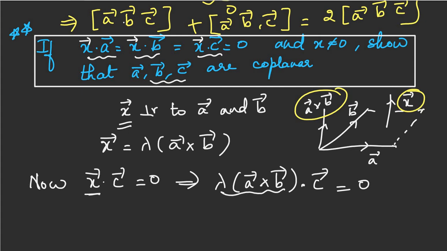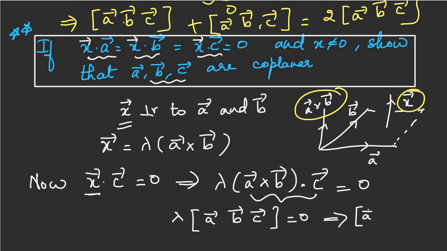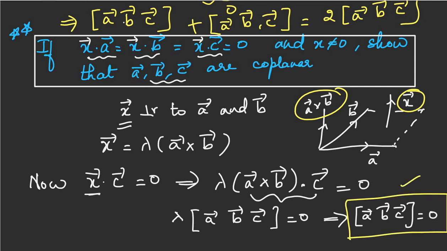Now A cross B dot C is nothing but the box product, so lambda times box product of A, B, C is equal to 0, which implies the box product of A, B, C is equal to 0. Hence we have shown that the given vectors are coplanar.